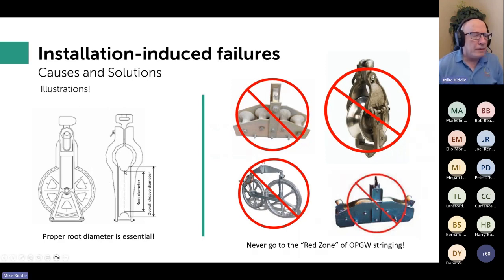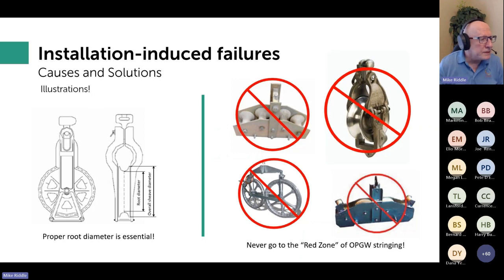So, I don't mean to pick on them, but Sherman and Riley or Wagner Smith, what they'll call a 20-inch block might have a root diameter of only, going off memory here, 16 or 17 inches.